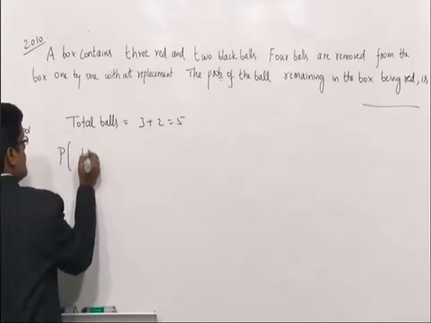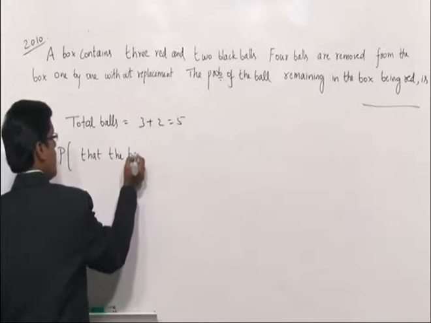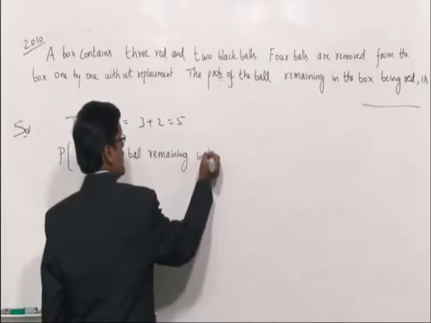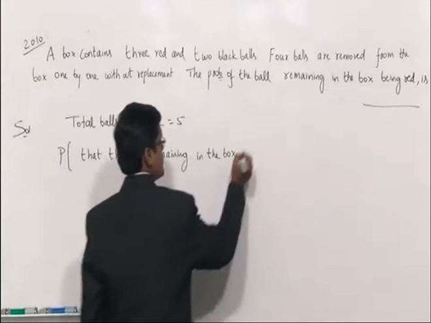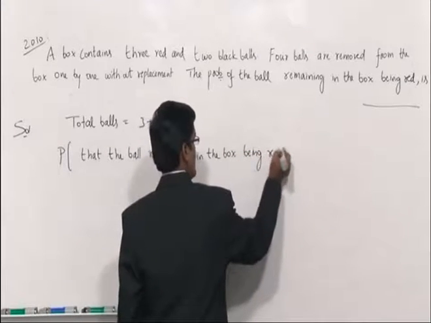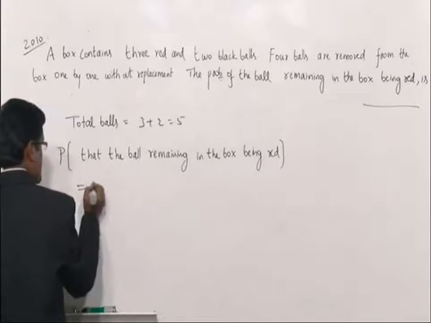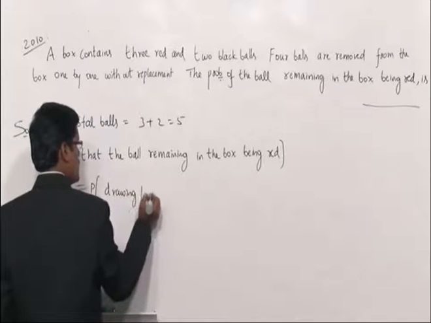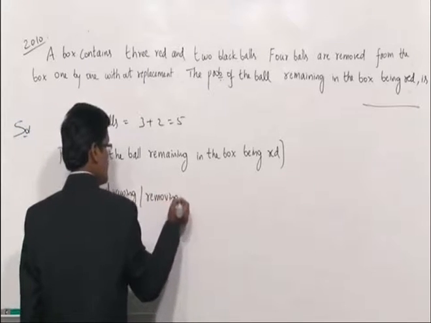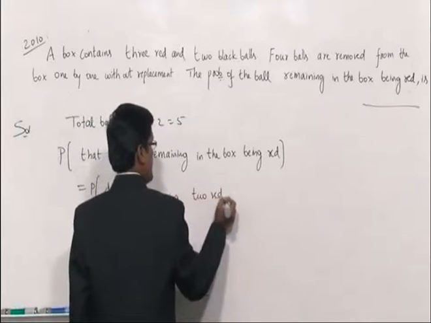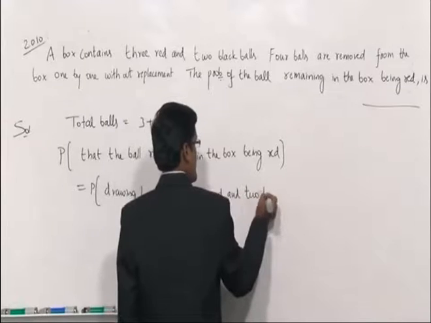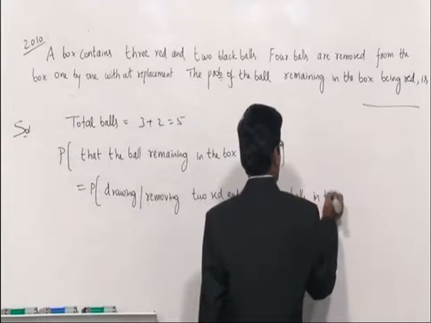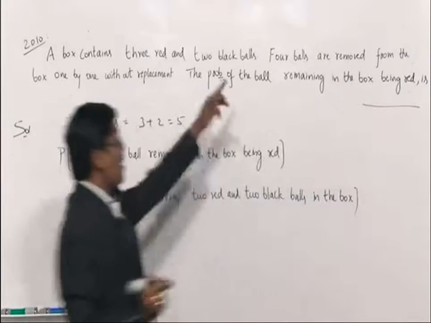Probability that the ball remaining in the box being red is nothing but probability of drawing or removing 2 red and 2 black balls from the box, because 4 balls are removed.